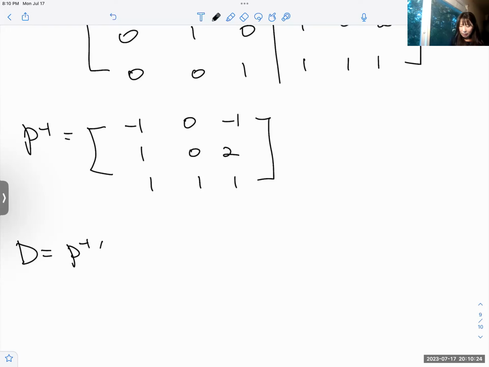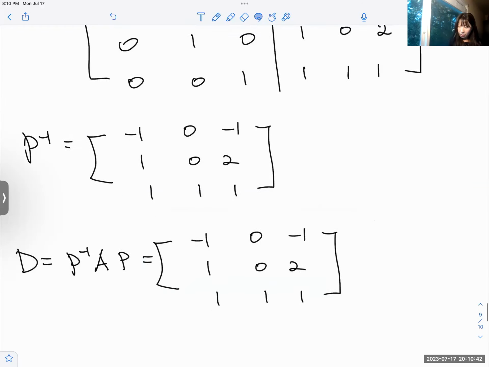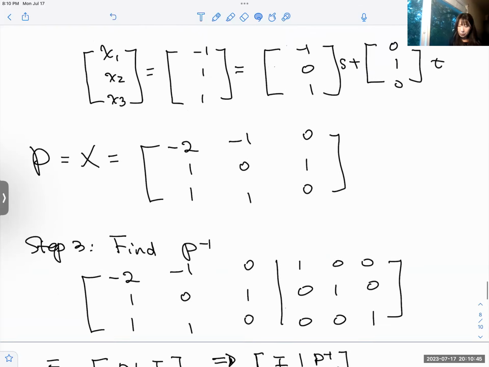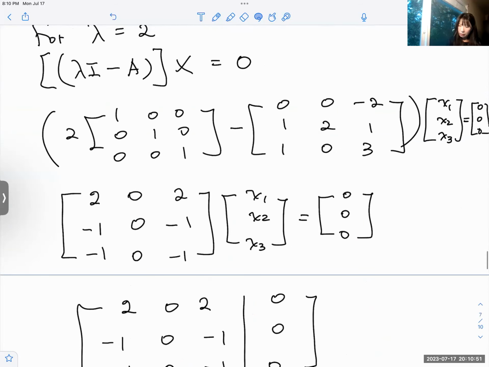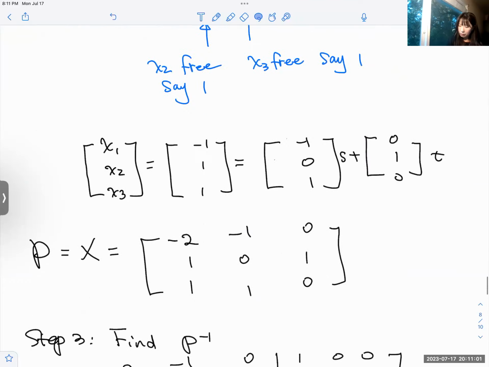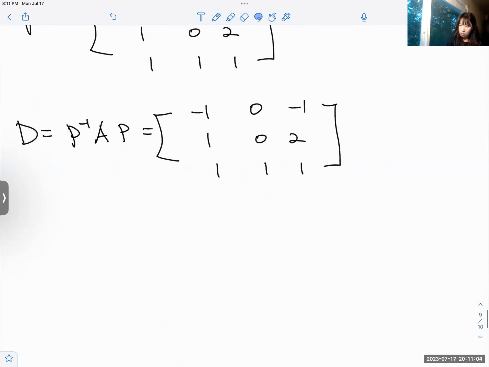Okay. Look, we need to find the diagonal matrix, which is the inverse of matrix P, times A, times the product with P. So we have this one, and we have A. So A is this one. Copy. Okay, sorry about that.